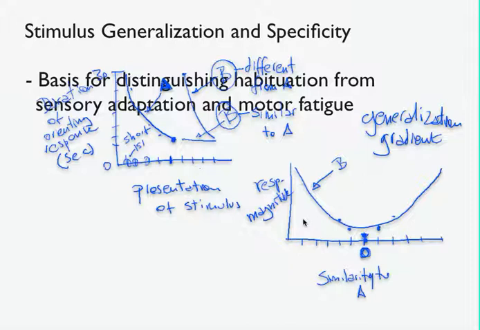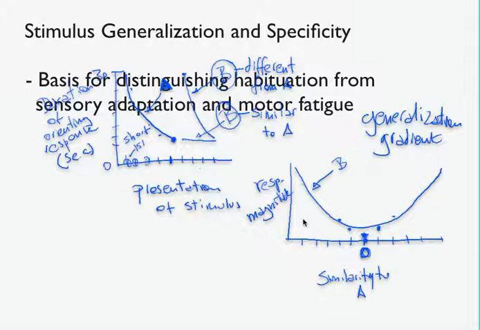Now, the idea of motor fatigue is very similar, and it's the idea that if I show you a different enough stimulus, I should be able to elicit a non-habituated response from you. So, take for instance the orienting response. I can rule out motor fatigue as an explanation for the reduction in responding to an orienting-eliciting stimulus.